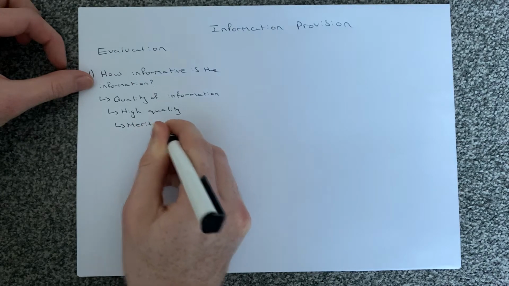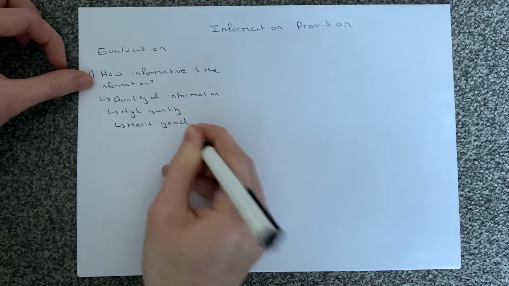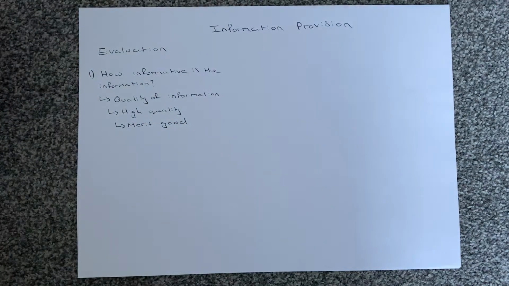So if we consider first of all a merit good, obviously with regards to a merit good, we want the information to encourage an increase in quantity demanded. Okay. And obviously if the information is high quality, we would expect a greater increase in quantity demanded than if the information was poor quality.